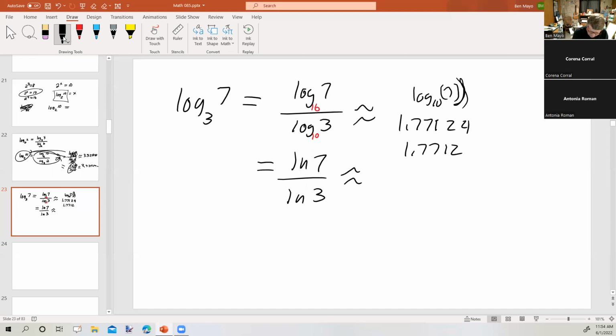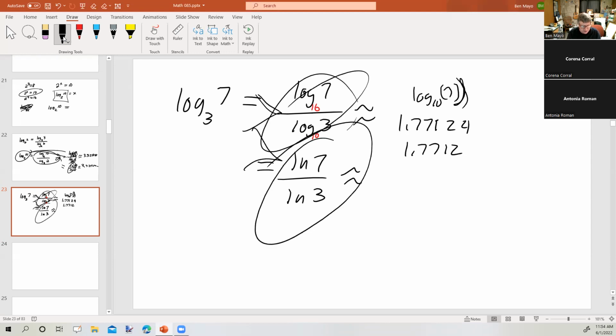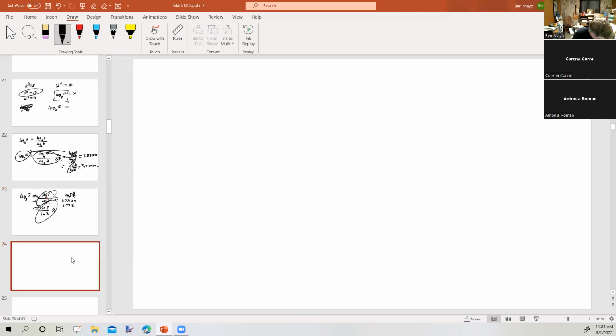And then if I use natural log of 7 divided by natural log of 3, I get the same thing. And you don't have to do it both ways. I'm just saying you can do it either way, okay? You can use log base 10 or log base e. All right, let's have you do one.